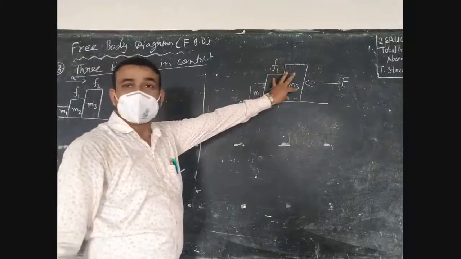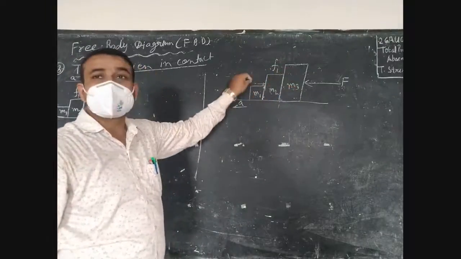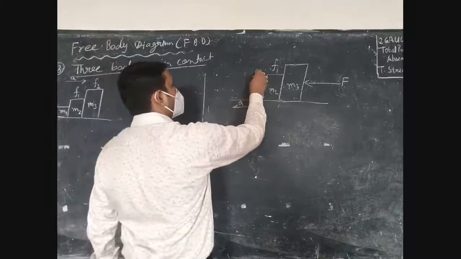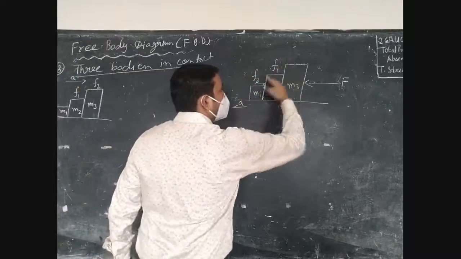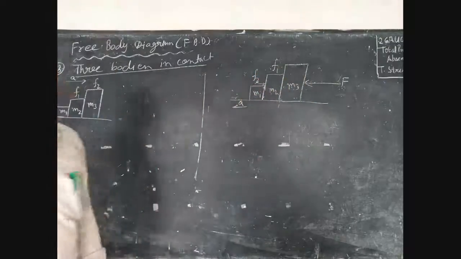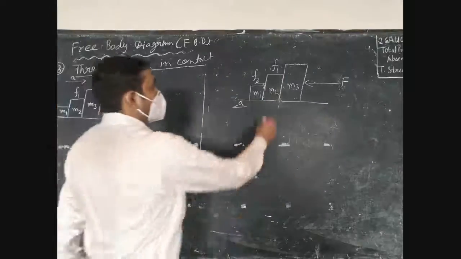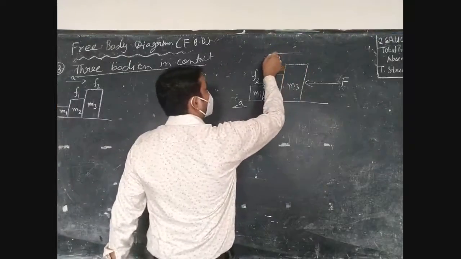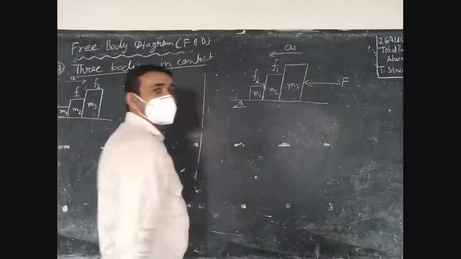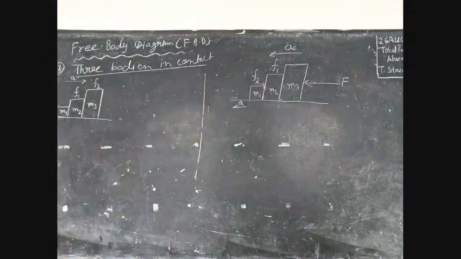Now the two bodies are solved. Then the smaller force, which is F2, opposing the complete force. And what we find? We get the body getting acceleration in the direction of application. Okay, you have to solve this.